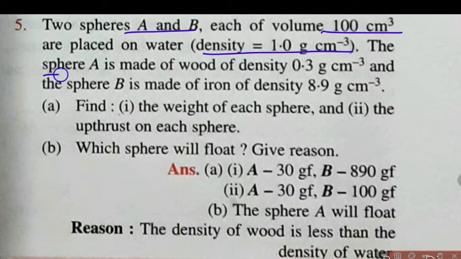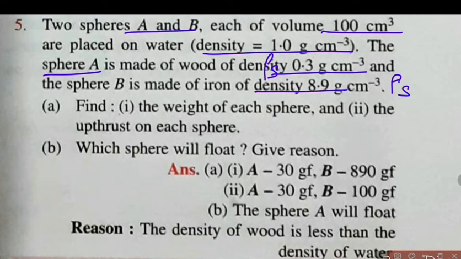The sphere A is made of wood, whose density is 0.3 gram per centimeter cube. This is rho s for the sphere A, and the sphere B is made up of iron. This is also rho s for sphere B. So density is 8.9 gram per centimeter cube.